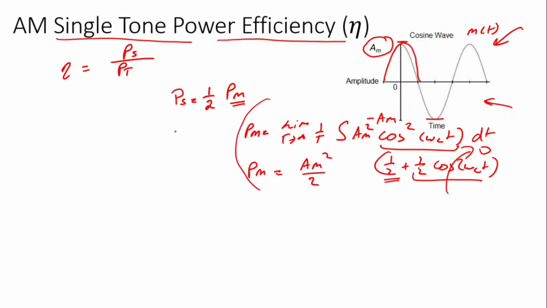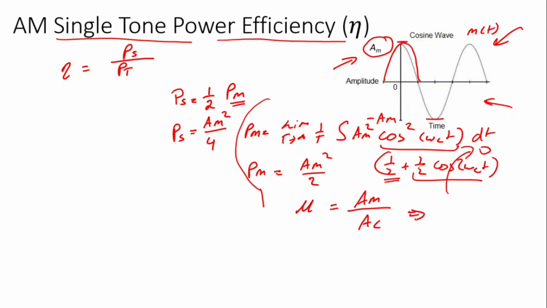So all of this suggests that the power of sideband is Am square by 4. Alternatively, we have also mentioned that the modulation index mu for a single tone, even symmetry around the y-axis, is simply the maximum value of the message signal, that is Am, divided by the amount of shift which we can call AC.